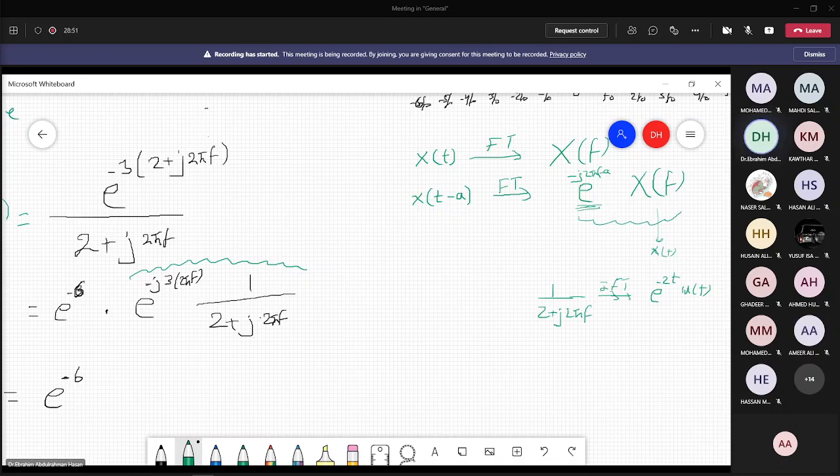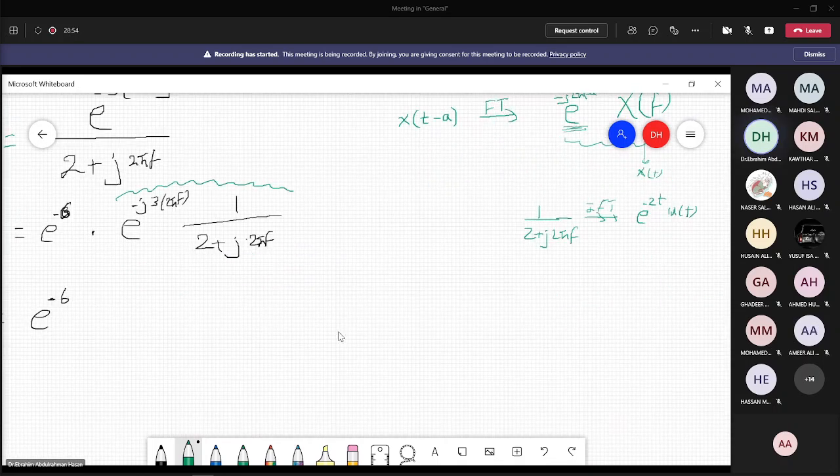Then it means that this one, I will get e to the power of minus 2t u of t.